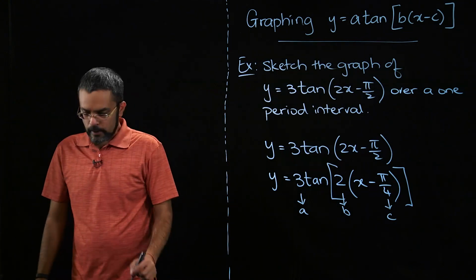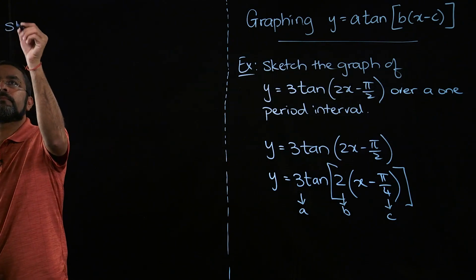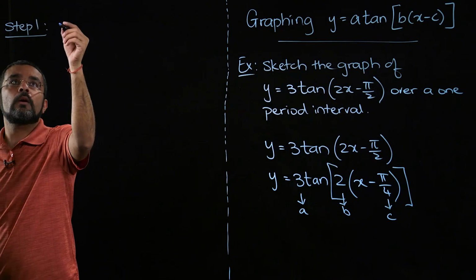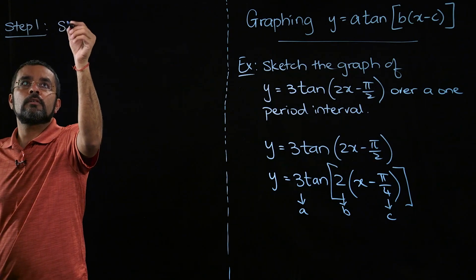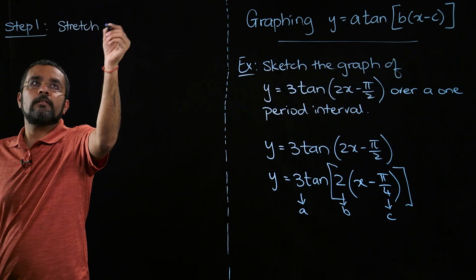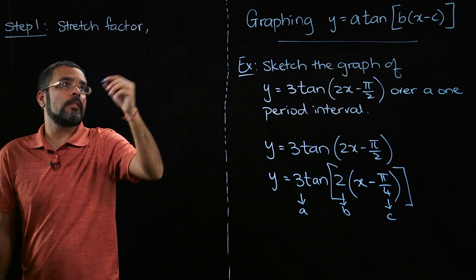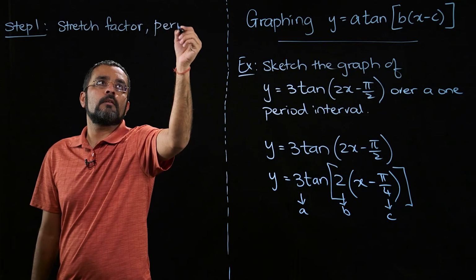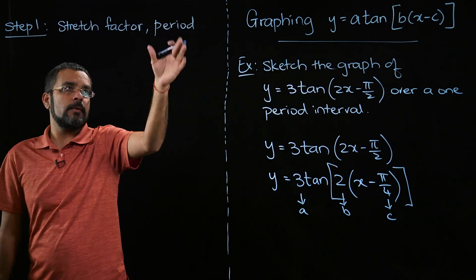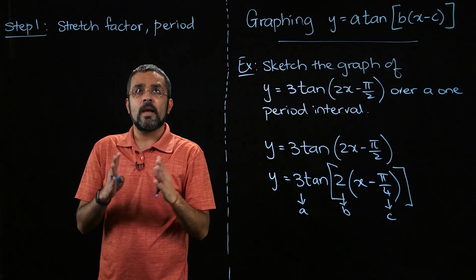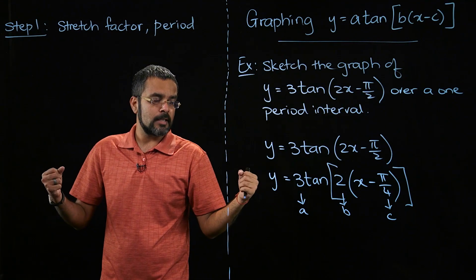So now step 1 is we want to figure out the following. We want to figure out what is the stretch factor. We'll talk about that in a minute. We want to figure out what the period of the function is. So when I say period, we want to see, has this function been compressed along the x-axis or has it been stretched along the x-axis?